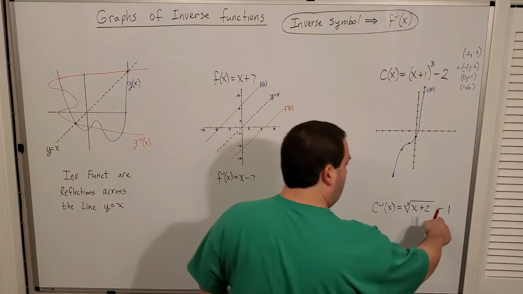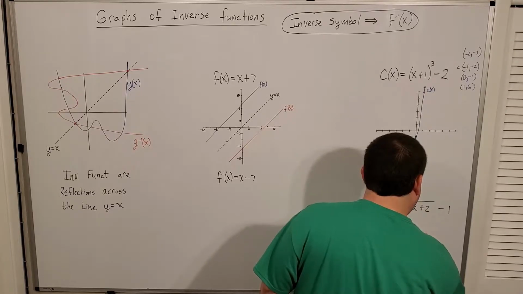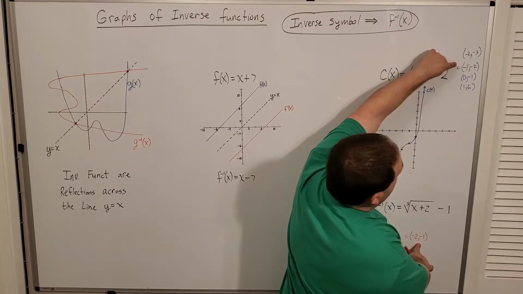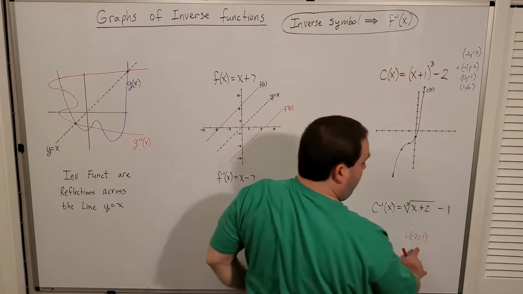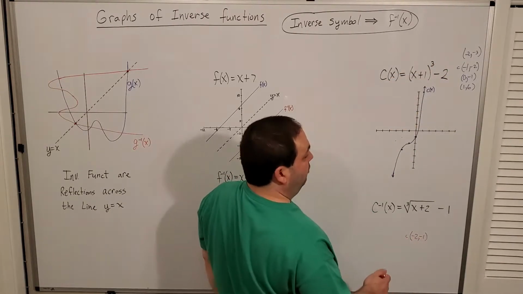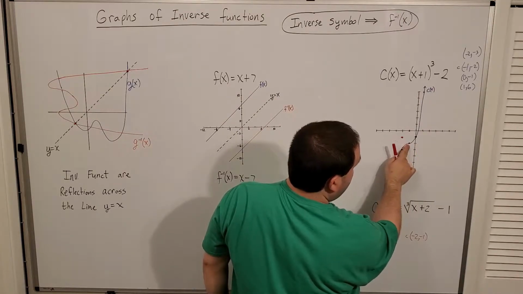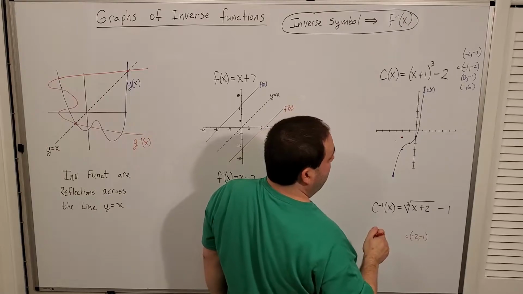So the coordinate at the center would be 2 to the left and 1 down, negative 2, negative 1. Notice that's exactly the reverse of the negative 1, negative 2. And not by coincidence, they're both the center point. That's here. Notice these two center points are corresponding. Okay, we'll see the line that they're reflected across in a minute.